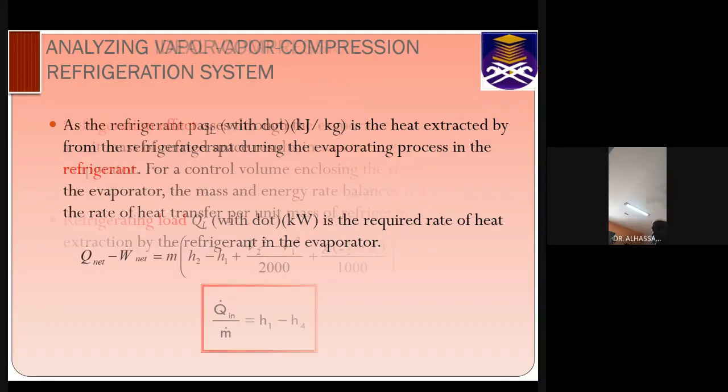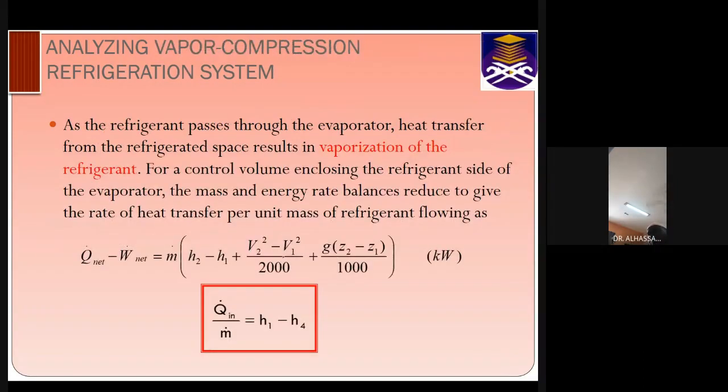Then the energy balance, if you want to look at the energy balance for the heat input side.